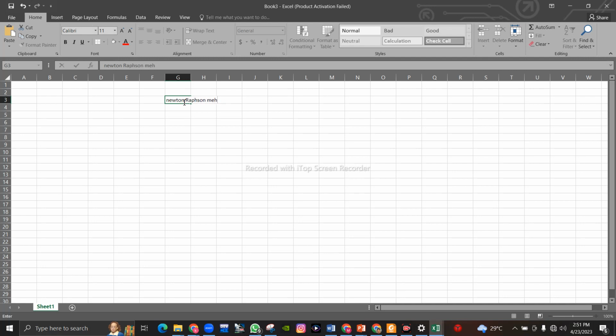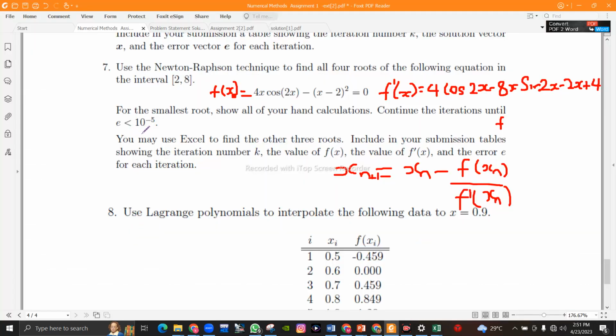What do we need? What do we say we should do? Let me go back there. We need to find the other three roots. This equation has 4 roots. So it says use Excel to find the other three roots.